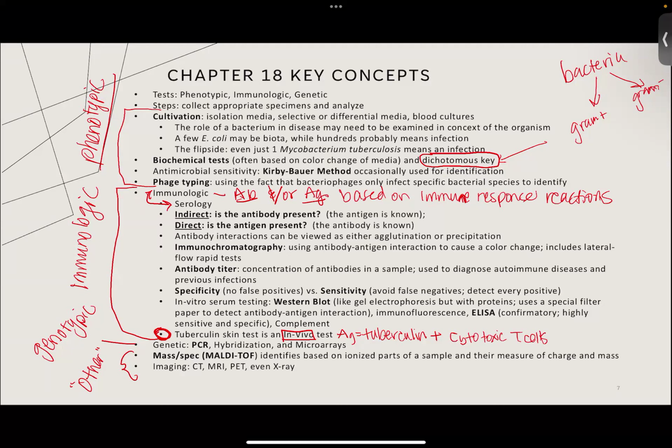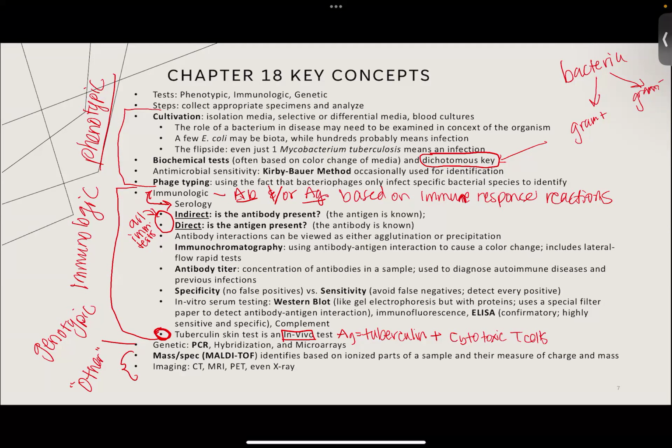So indirect versus direct, these terms apply not just to ELISA, but to all immunologic tests. Indirect means you are asking the question, is an antibody present? If an antibody is present, it means that the person has seen the thing previously, has been sensitized to it at some point.